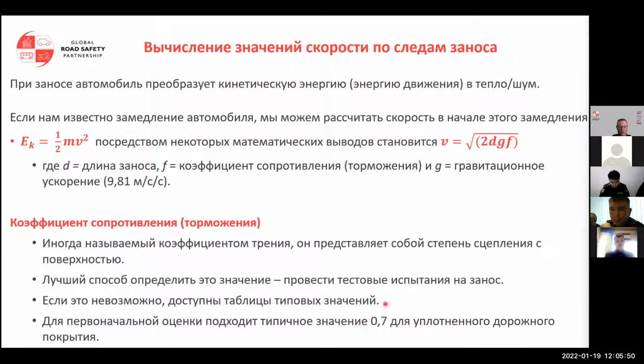So I use that value as an initial assessment to tell me if there is speed involved in this collision. Is there excessive speed? If there is, I will then conduct skid tests to get an accurate drag factor. But 0.7 is a good value to give you a very close estimate of the vehicle speed. So we will be using this value a fair bit today.